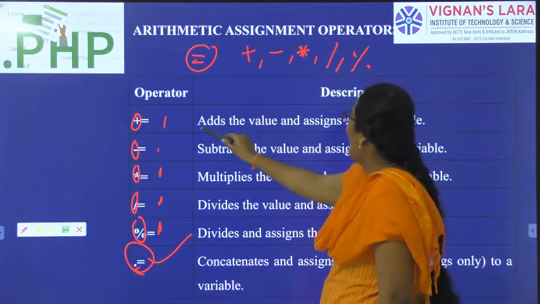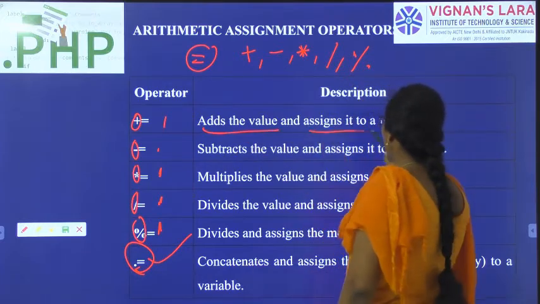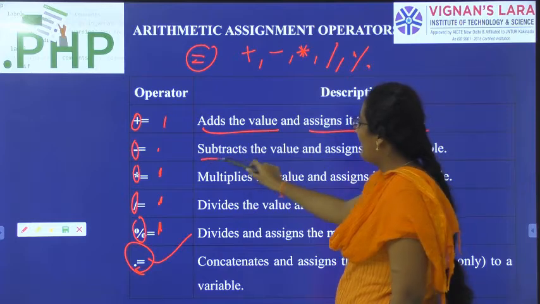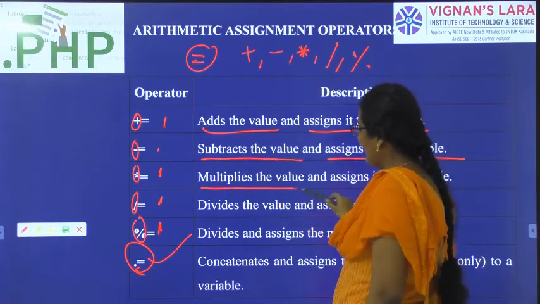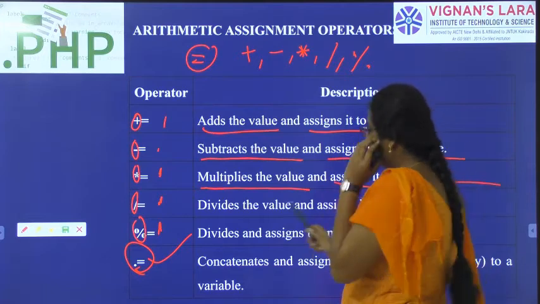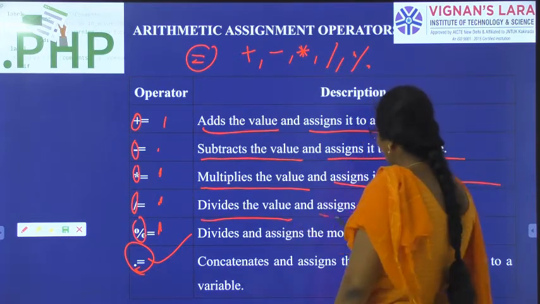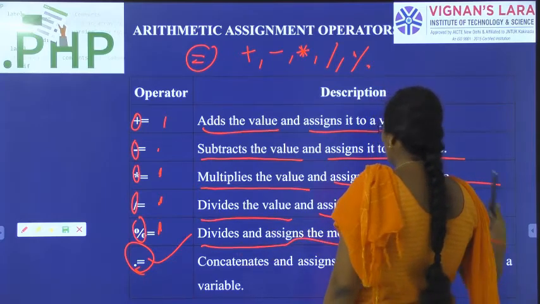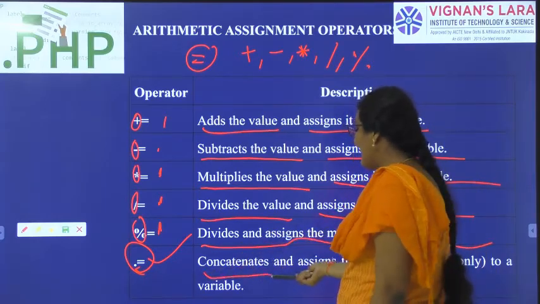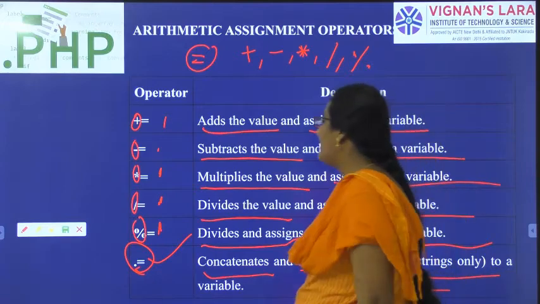See, it adds the value and assigns the value to the variable, subtracts the value and assigns the value to the variable, multiplies the value and assigns the value to the variable, divides the value and assigns the value to the variable, divides and assigns the modulus to the variable, concatenates and assigns the value to the variable.